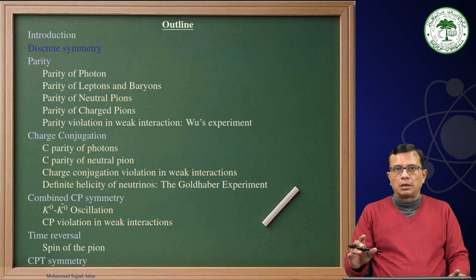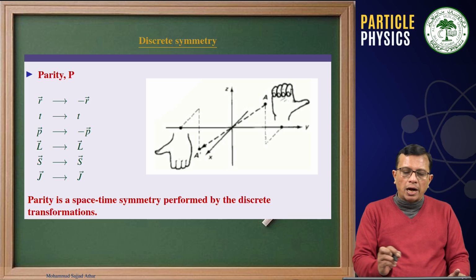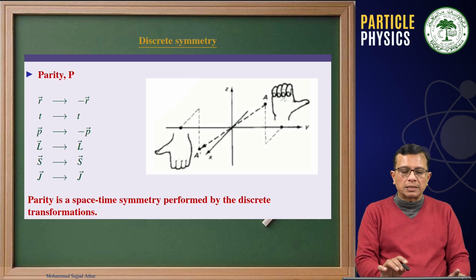Now, when we talk about parity, it is defined as an operation of spatial inversion, and it takes r to minus r while keeping time t unchanged.